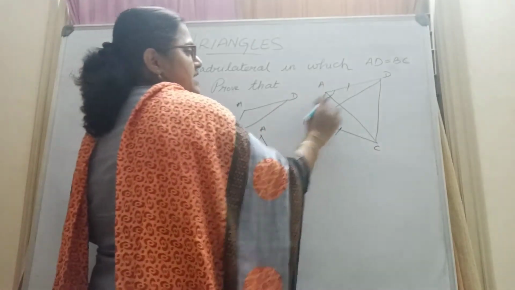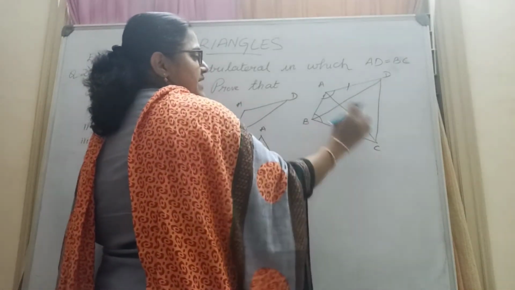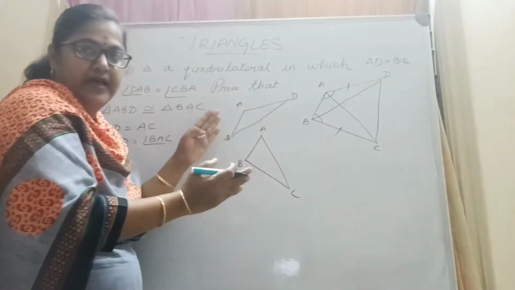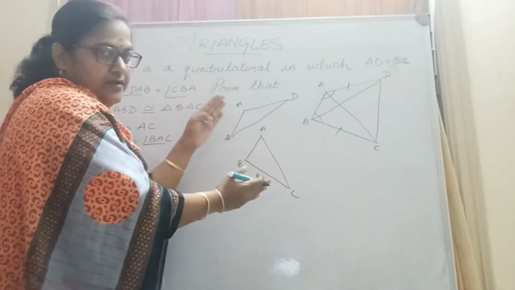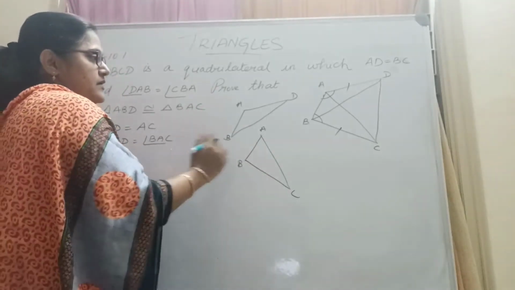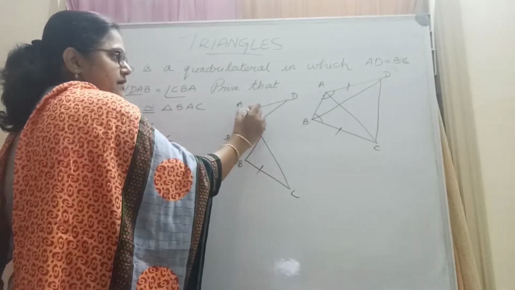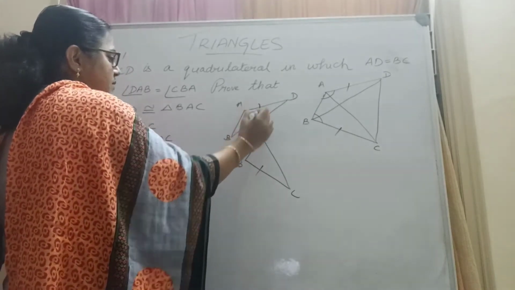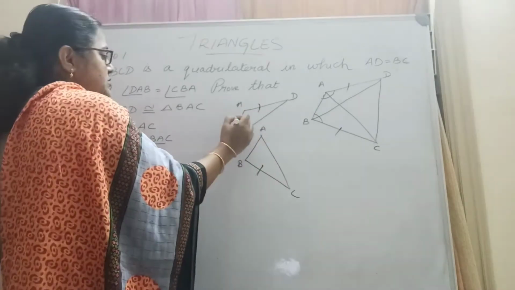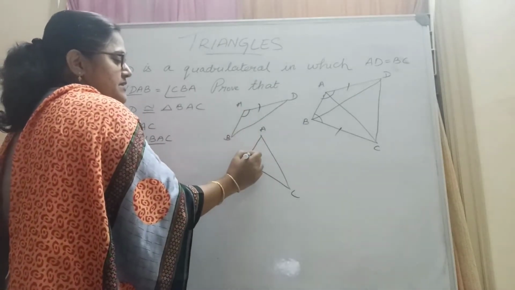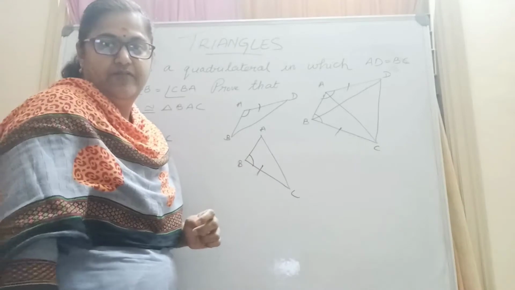For more clarity, I have drawn it separately. The given information is side AD is equal to side BC, also angle DAB is equal to angle CBA. This is the given information.